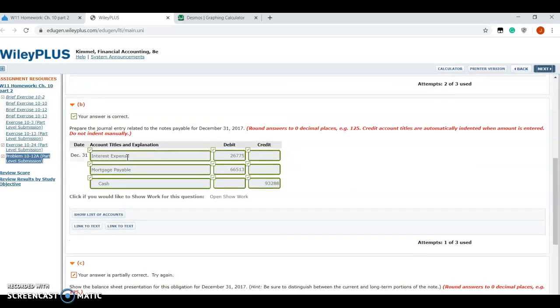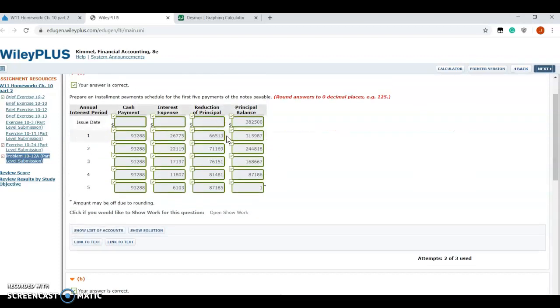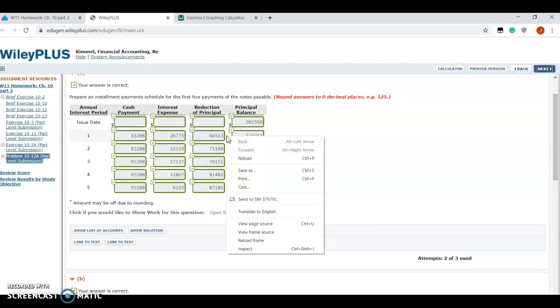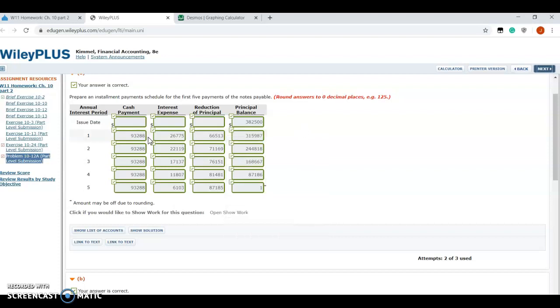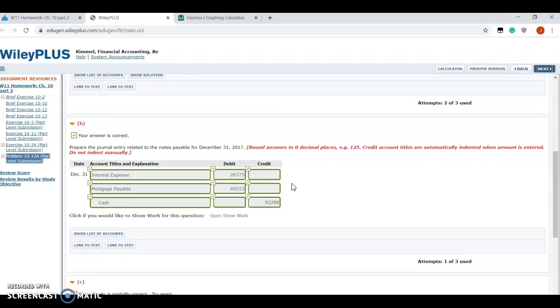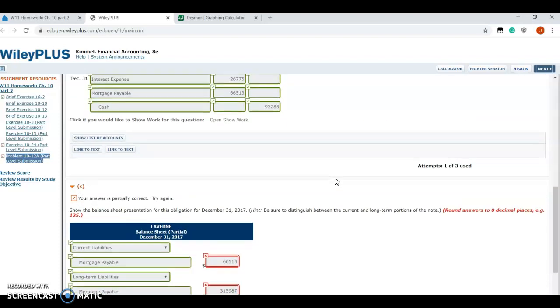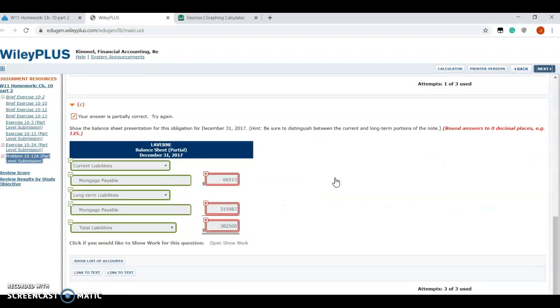Okay, and then that leaves us with our mortgage payable of $66,513, and that's going to be our reduction in principal. And all of that together is going to give us our cash payment of $93,288 right there. And since we're paying the cash, we're crediting it and debiting the expense, increasing it, and the payable.